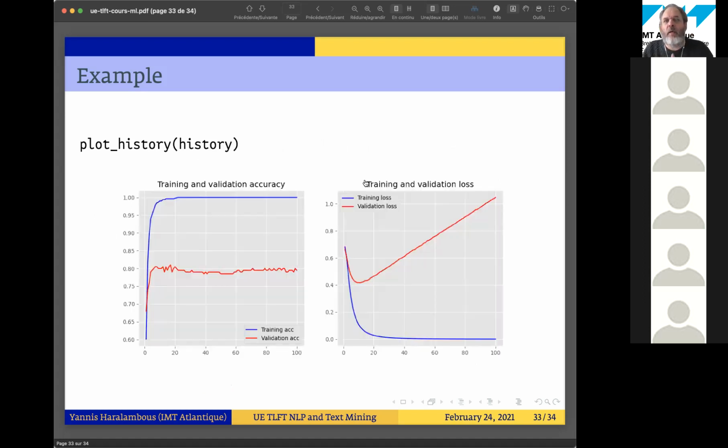And here you can see the evolution of the network during training. Accuracy on the test set, on the training set, and loss. And remember, loss incorporates also the smoothing regularization factors.